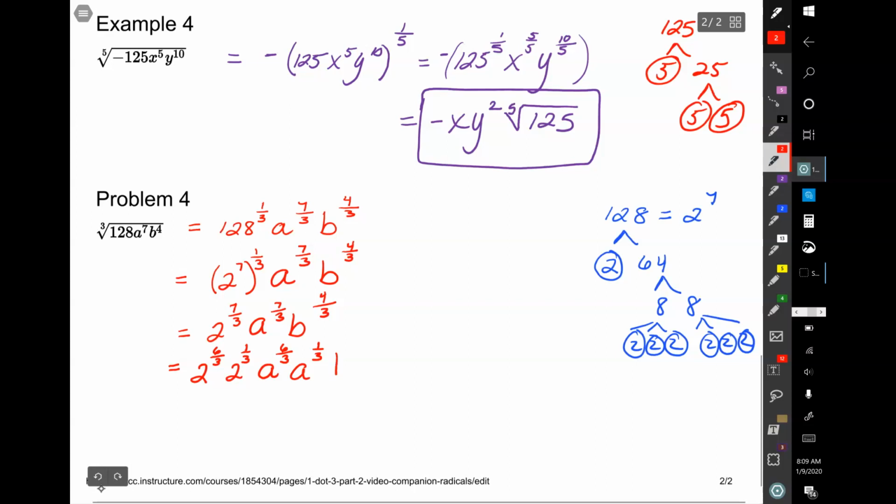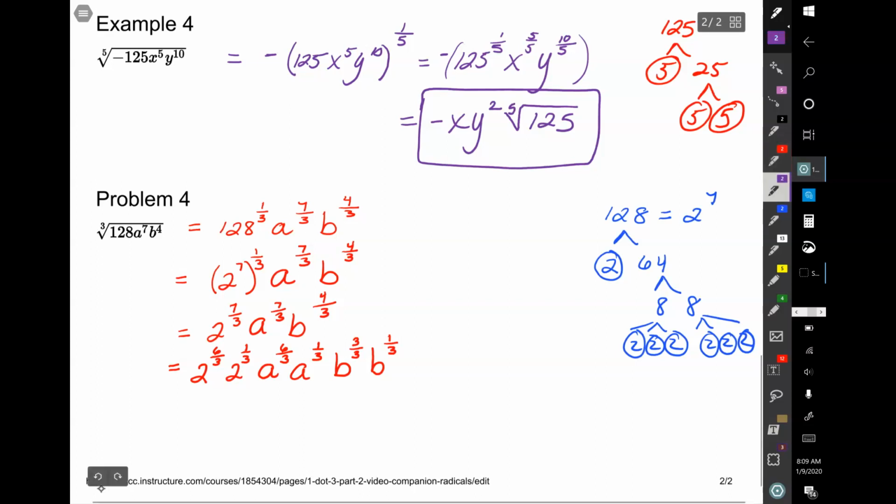And then b to the 4/3 could be split apart as b to the 3/3 times b to the 1/3. Again, you can just do that in your head if you prefer.